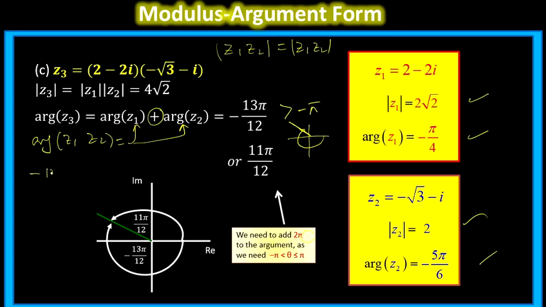Please pay attention. Negative 13 pi by 12 adding 2 pi, 12 times 2, 24 minus 13, you get 11. You got the idea? If you are in the first and second quadrant, take the angle anti-clockwise. If you're in the third and fourth quadrant, take the angle clockwise. Please note down this.